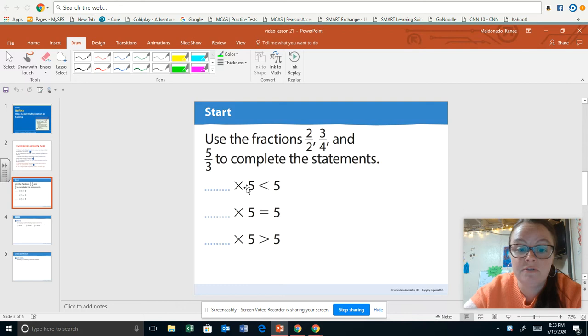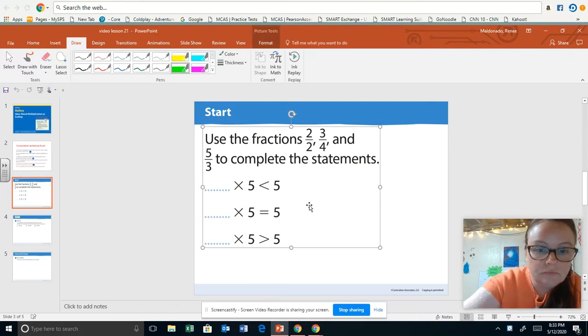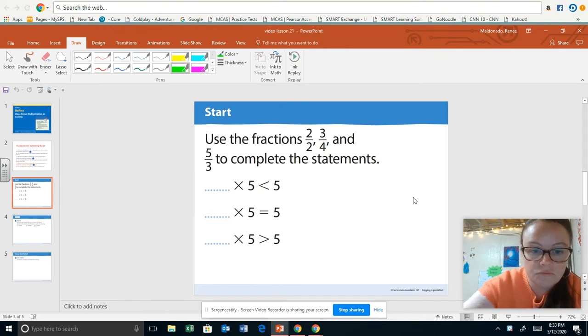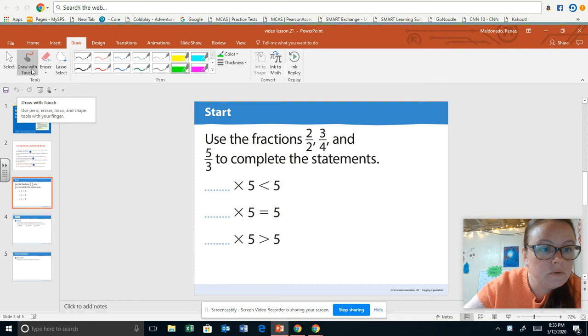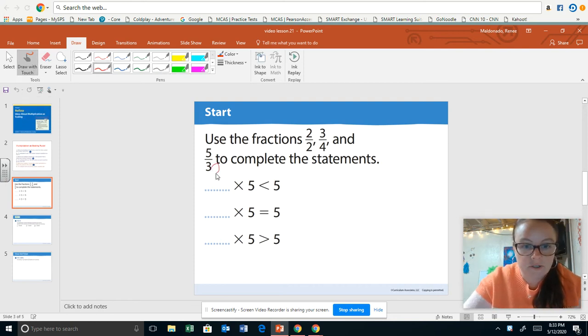I hope you said 3/4. 3/4 is less than a whole. So here, let's put 3/4 here. 3/4 times 5 is going to be less than 5 wholes. Check. Let's get rid of it. I always like to get rid of it once I've used it.